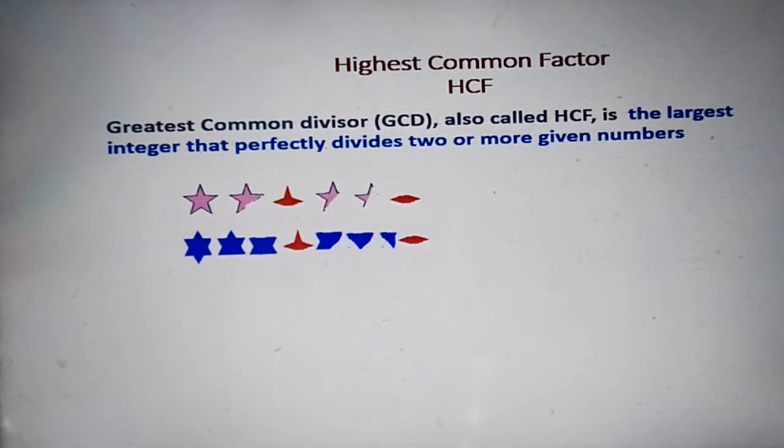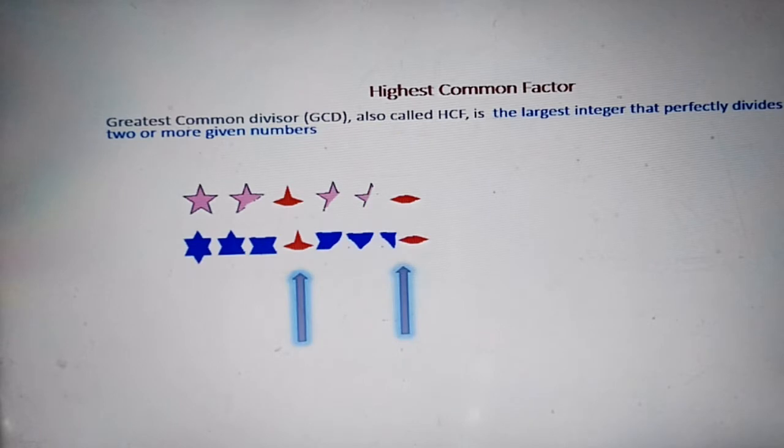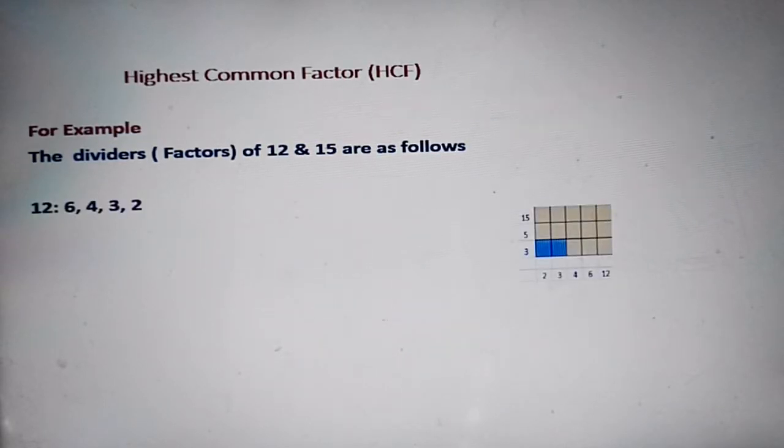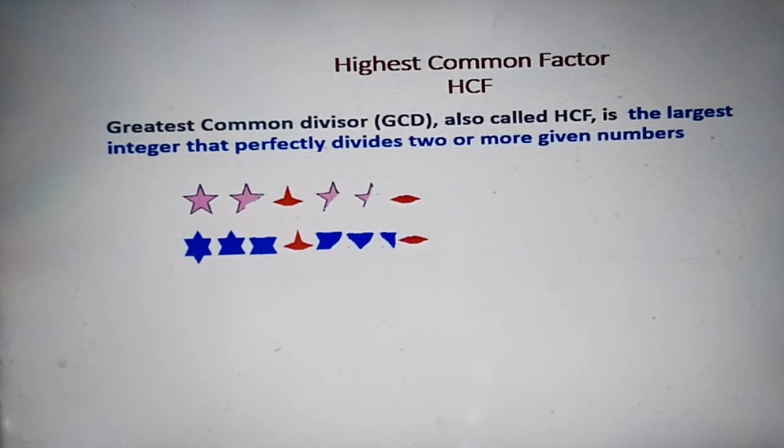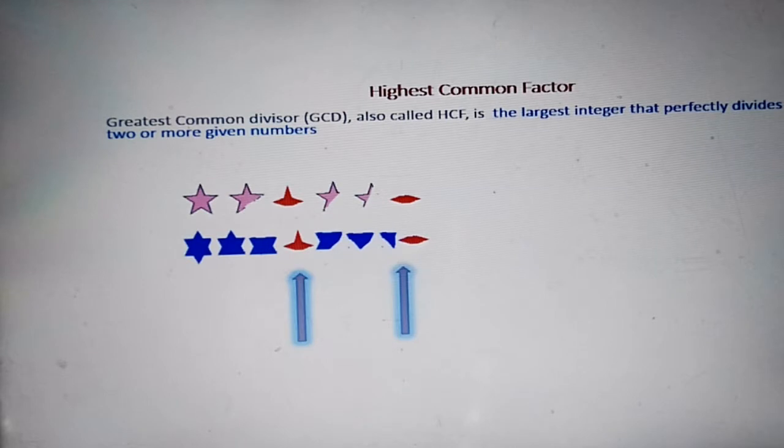But each time, as you proceed with the division activity, you get smaller shapes. Now here again, the first common divisor is larger, but the second common divisor is smaller in size.